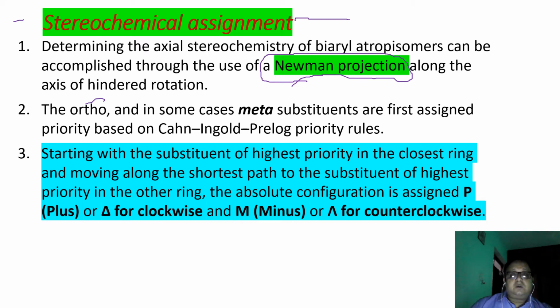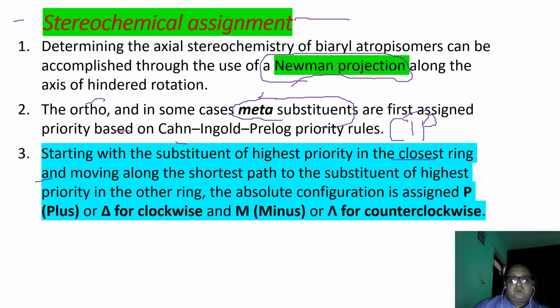The ortho substituents, and meta not always, only in some cases, are first assigned priority based on the Cahn-Ingold-Prelog priority rules. These rules are also known as the CIP rules that we have already encountered in the case of RS nomenclature or EZ isomerism. So we start with the substituent of the highest priority in the closest ring.